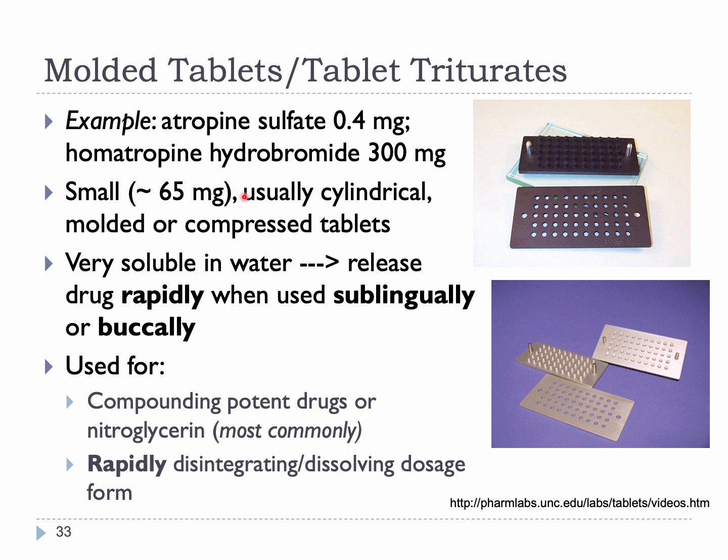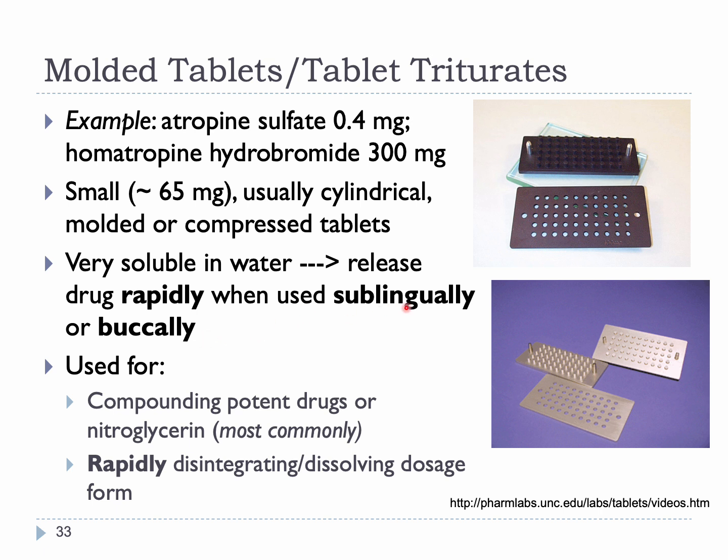This kind has a very small shape and size, about 65 mg, usually cylinder shaped, molded or compressed tablets. Very soluble in water, it can release the drug rapidly when used sublingually or buccally.